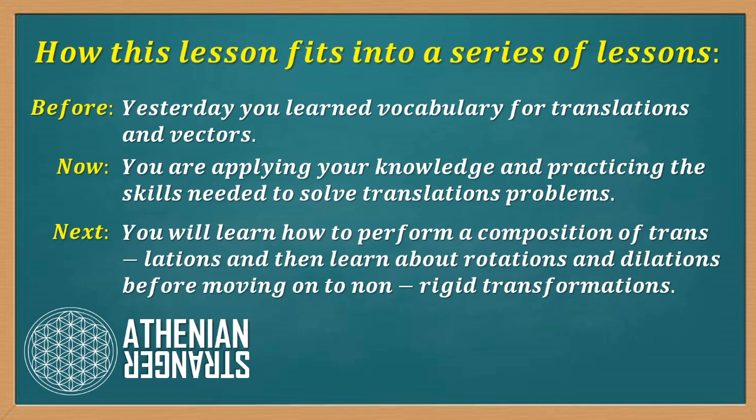This lesson fits into a series of lessons. Yesterday, we learned the vocabulary for translations and vectors. Today we're going to apply our knowledge and practice the skills needed to solve translation problems. And next up, you will learn how to perform a composition of translations. That would be more than one translation. And then learn about rotations and dilations before moving on to non-rigid transformations.